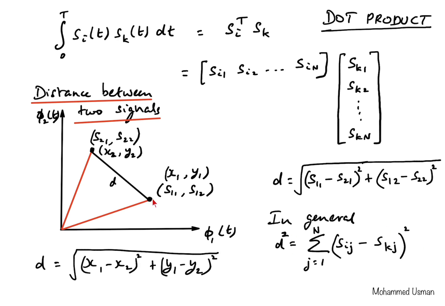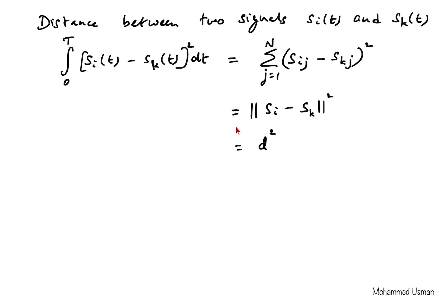We have basically used the basic ideas of geometry: when we have a signal represented by the coordinates of points, we can find the distance between those two points using this. We just replace x1 and y1 and x2 and y2 with the corresponding projections, s11 and s21, and correspondingly s12 and s22, for x2 and y2. By doing that we have obtained an expression for the distance between the two signals Si and Sk, and basically we have this squared.